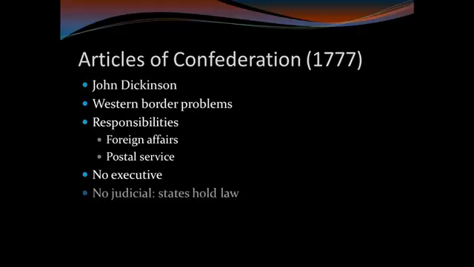There was a unicameral House, and there was no judicial. They left all legal execution and adjudication of laws to the states, right? So the executive was absent. There was no judicial at the federal level. And they allowed the states to build the court systems.